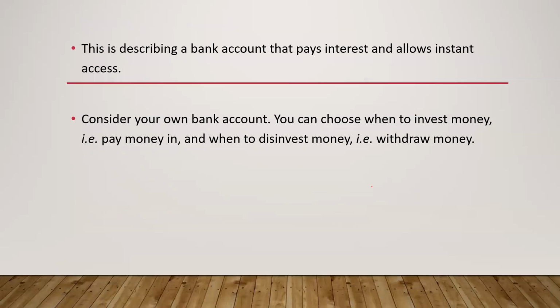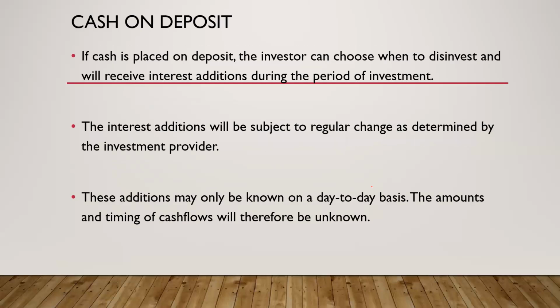This is describing a bank account that pays interest and allows instant access. Consider your own bank account. You can choose when to invest money, that is pay money in, and when to disinvest money, that is withdraw. So this is an investment alternative, one cash flow scenario where you are depositing your money or investing it through one particular channel.